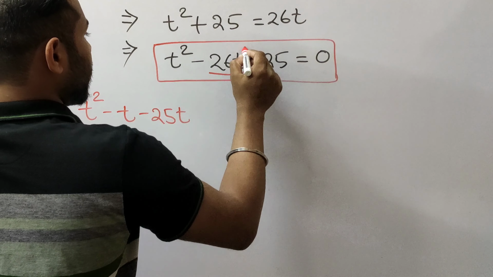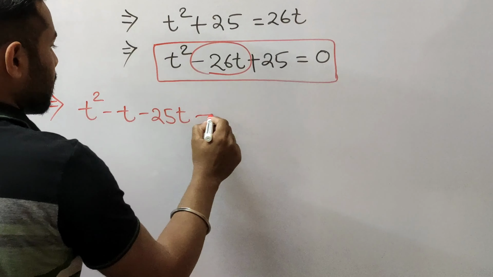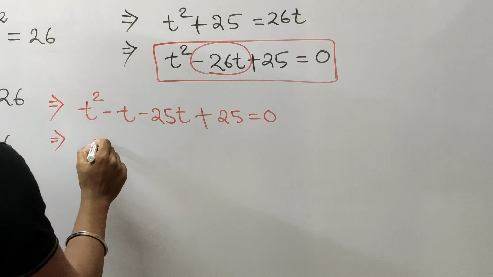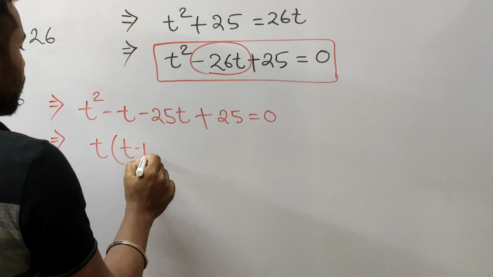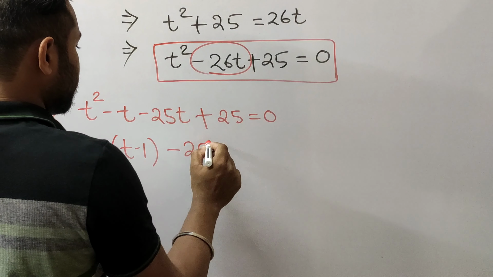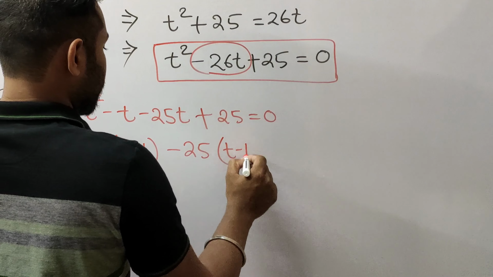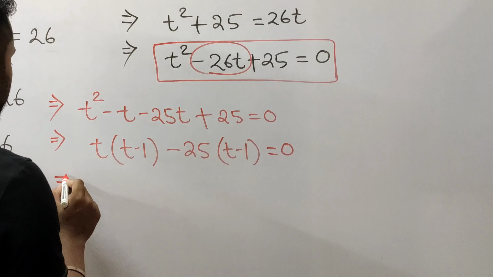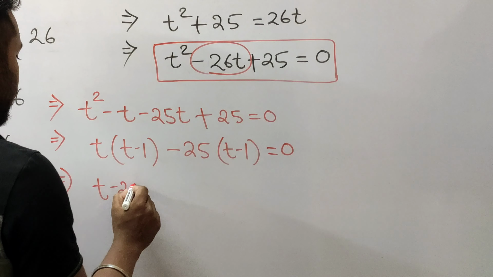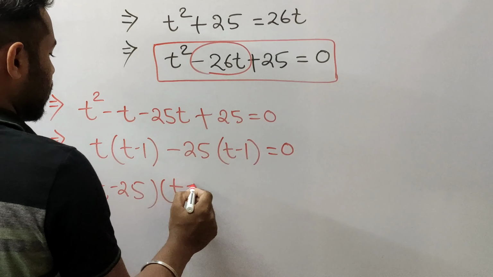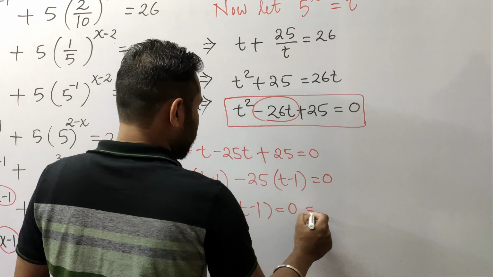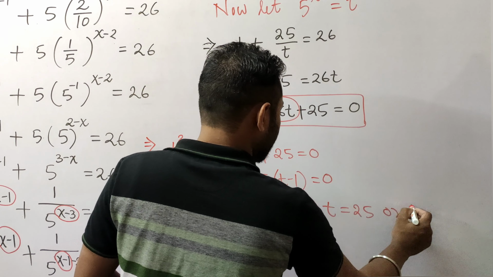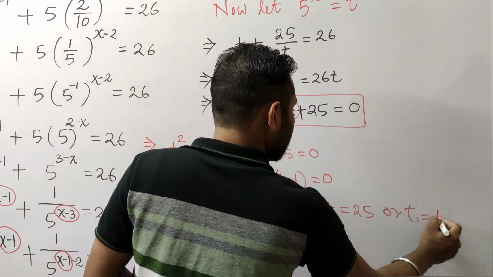I can break down this minus 26 t like this plus 25, so that I can factorize easily. So now take t minus 1 and this one is 25 t minus 1 clearly. Therefore now t minus 25 into t minus 1 is 0. Therefore t is equals to 25 or t is equals to 1.